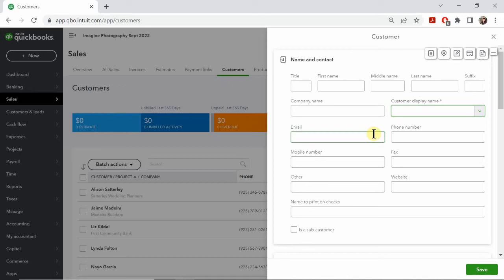In this case, this person can provide you service, but at the same time, you can also sell a service to that same exact person. The rule of thumb is if you have a vendor who is also a customer, you do have to create two separate profiles for them. You cannot use one profile for a vendor and a customer.